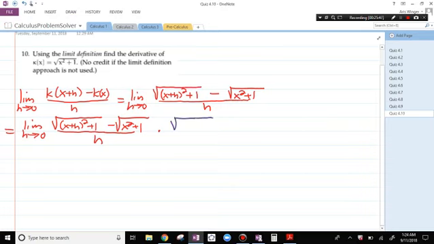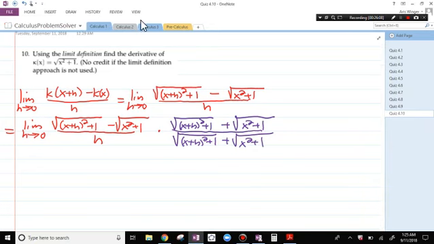It's the square root of x plus h squared plus 1 plus the square root of x squared plus 1. Now I'm not supposed to change things, so this has to be exactly the same thing. The square root of x plus h squared plus 1 plus the square root of x squared plus 1.